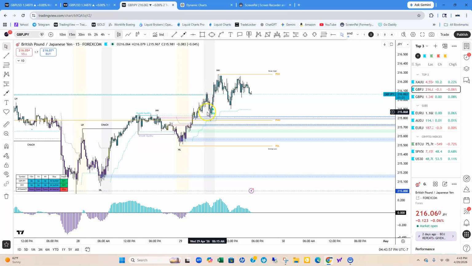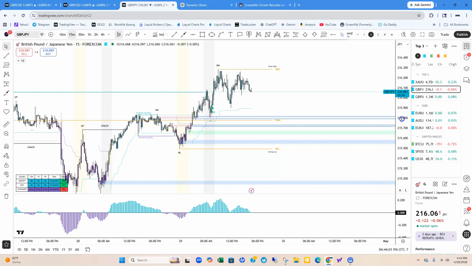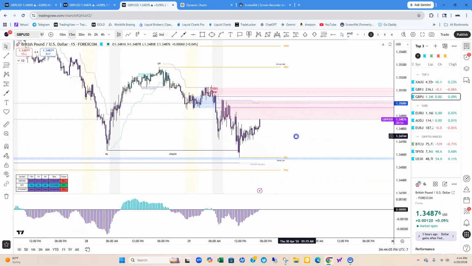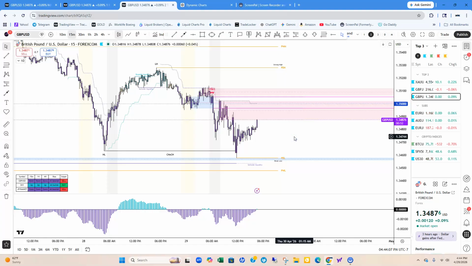And looking at GJ, I don't see anything for that one. So we'll go to GU. Looking at GU, it looks like it did give a setup using this strategy.